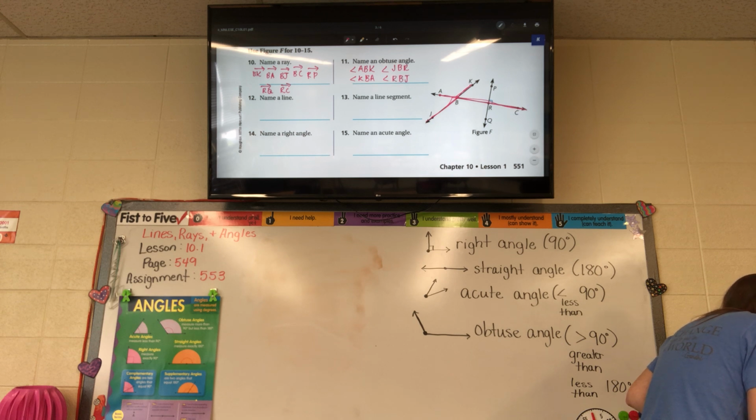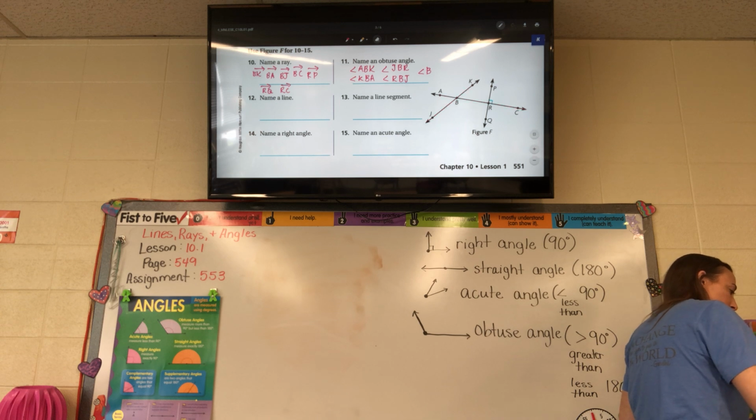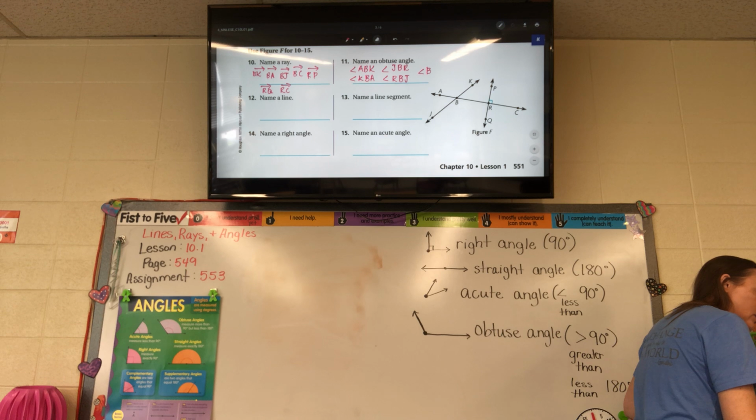or you could just have angle B, well, no, you don't want to do just angle B, because B is also an angle for right here.